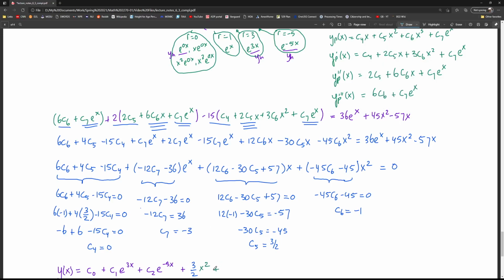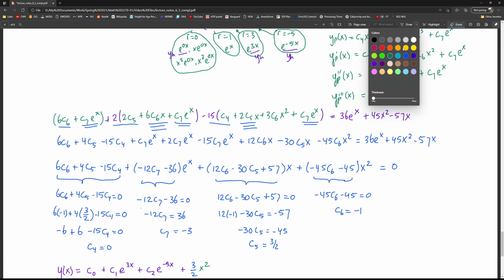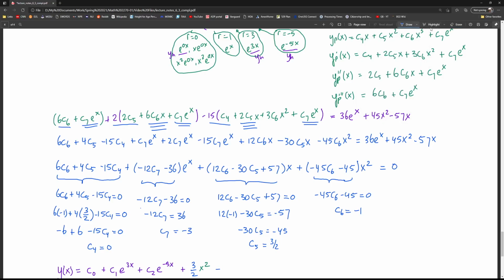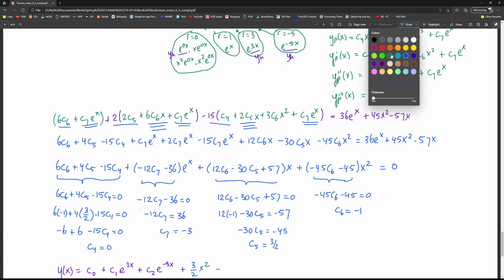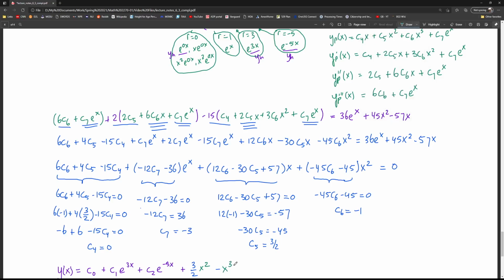And then plus c6, well, that's actually a minus. So I have minus x cubed.